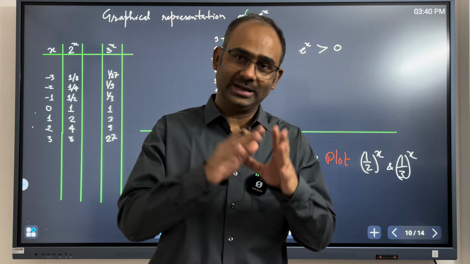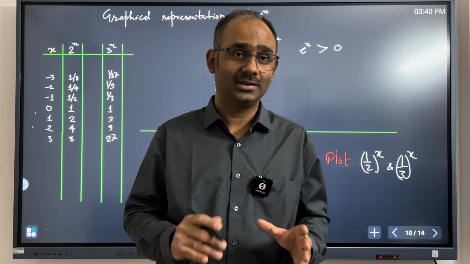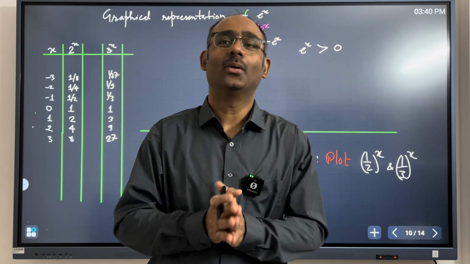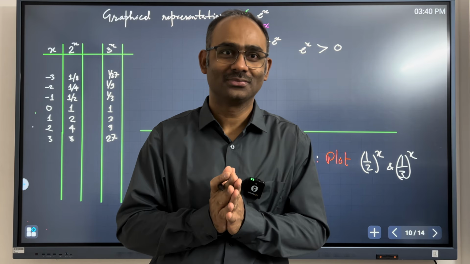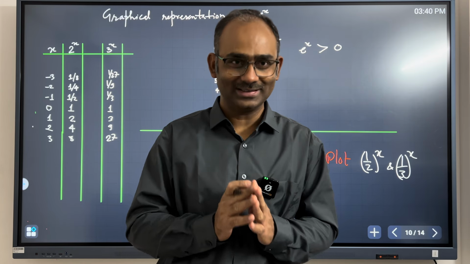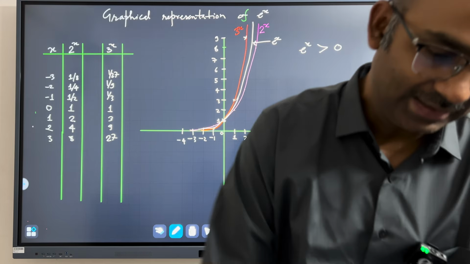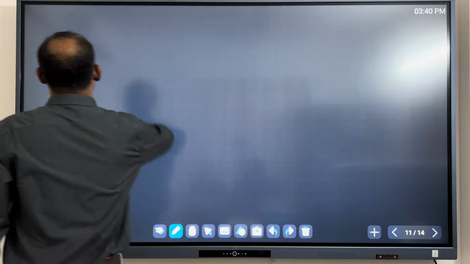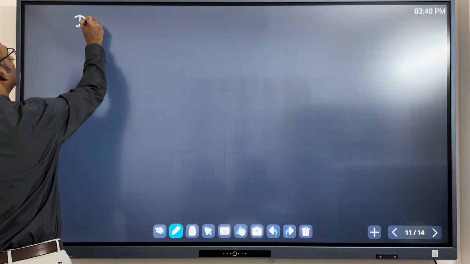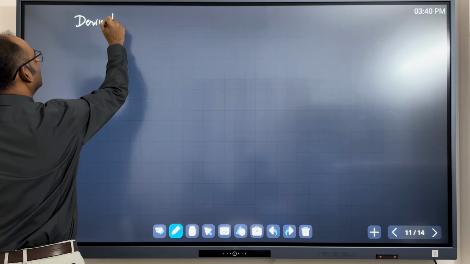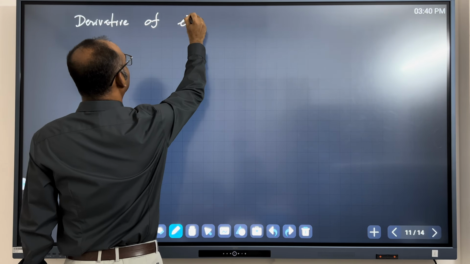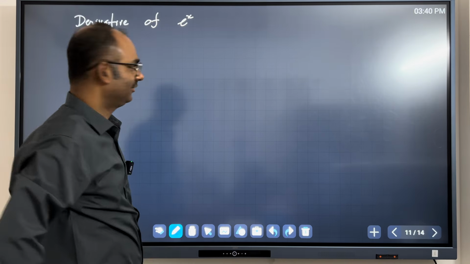Now, we are studying all this under differential calculus. And I have told you a function. What's the first thing you want to do? You want to differentiate it. So let's differentiate. Okay, and I like differentiating. So, derivative of e to the x, or exponential of x.